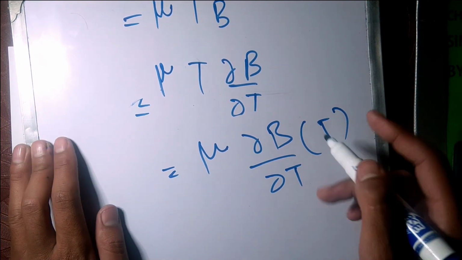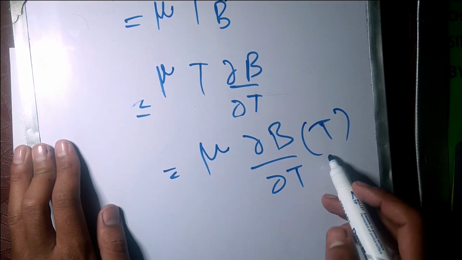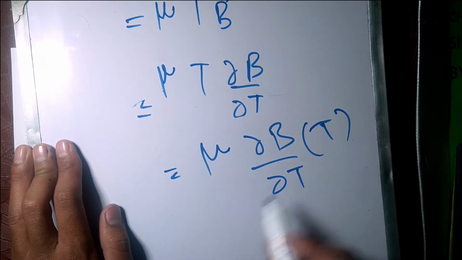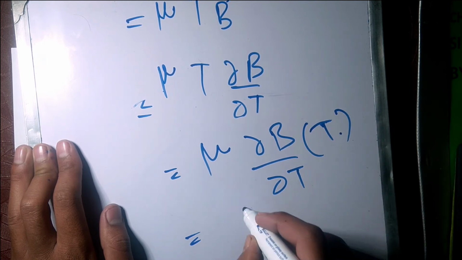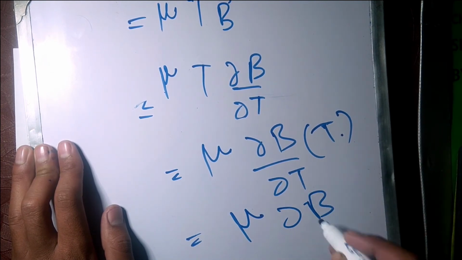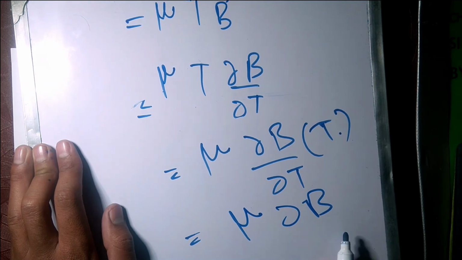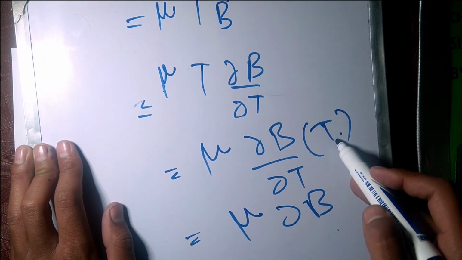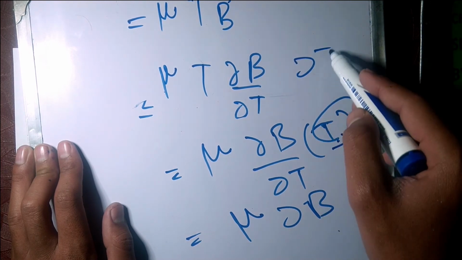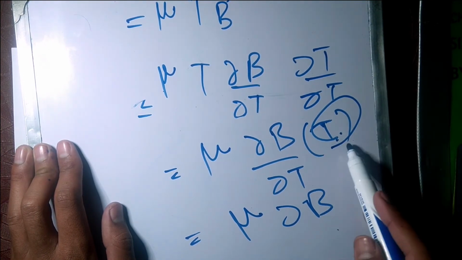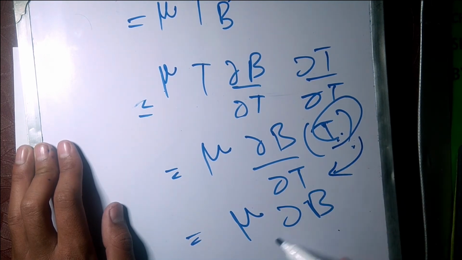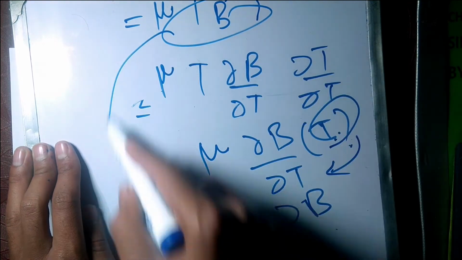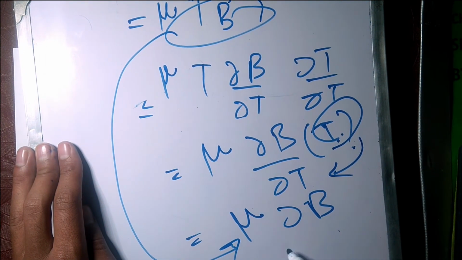As we have this T dependence here, the partial by partial t of this will cancel out, and the term we will have will be only mu partial B, because we have a time dependence of this T. This partial by partial t cancels out, and this was a simple analogy we have used, and we have said that this term is equal to this term here, which is mu partial B by partial t.